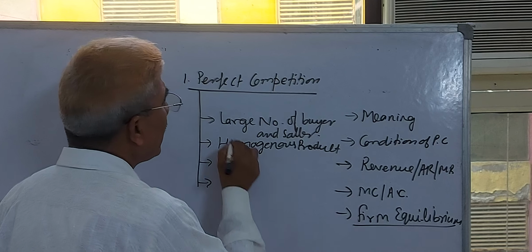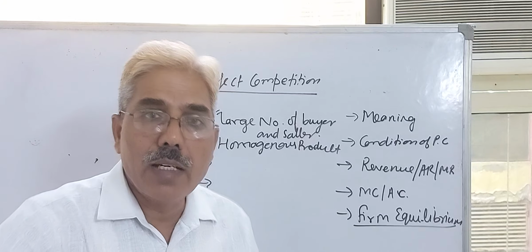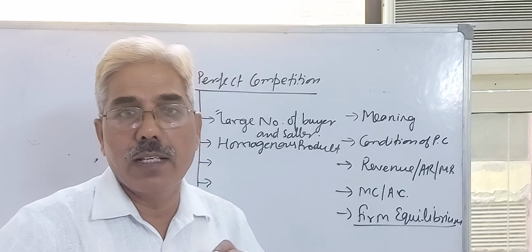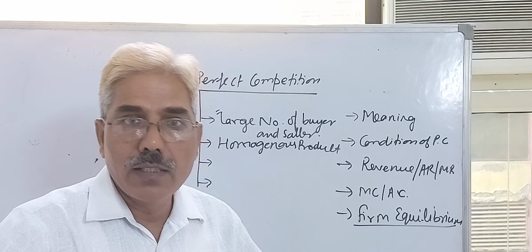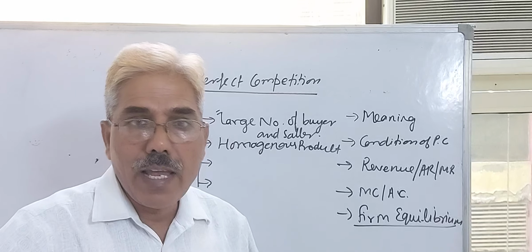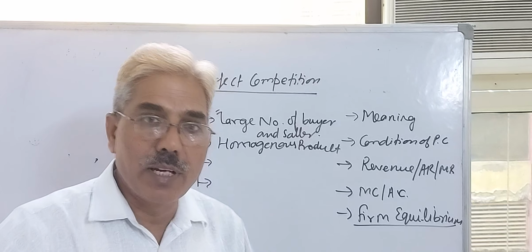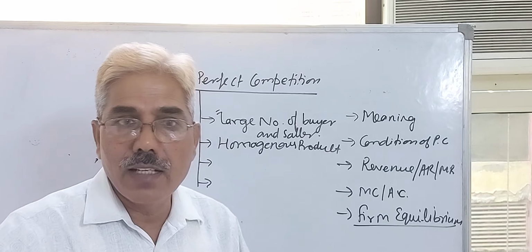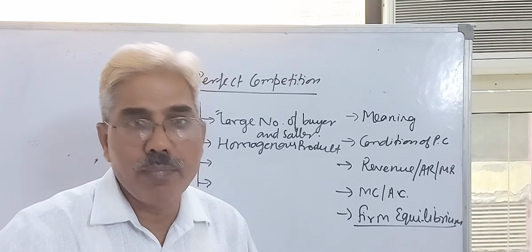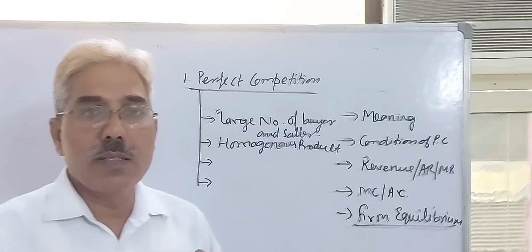If I discuss the first point again, if in a market the number of buyers and sellers is large, what does it mean? Neither buyer nor seller has any kind of monopoly on the product. It means buyers and sellers can't influence the price of the product, because of the other characteristics of this market.